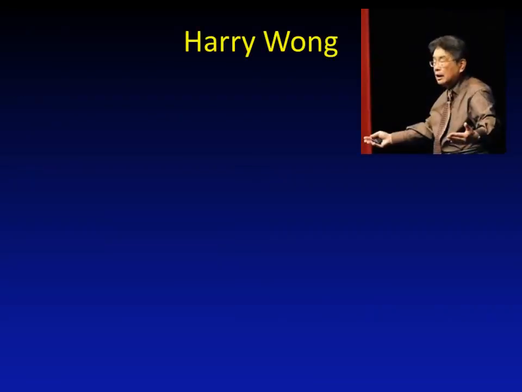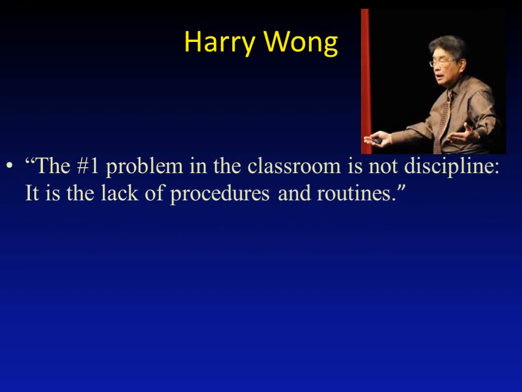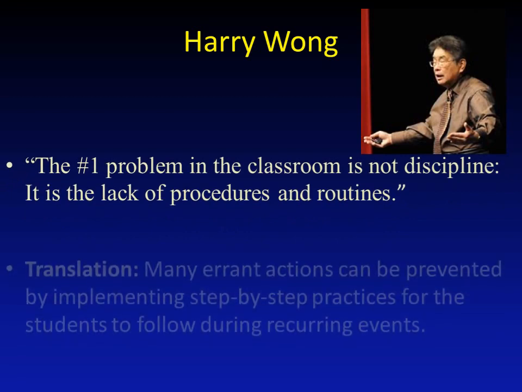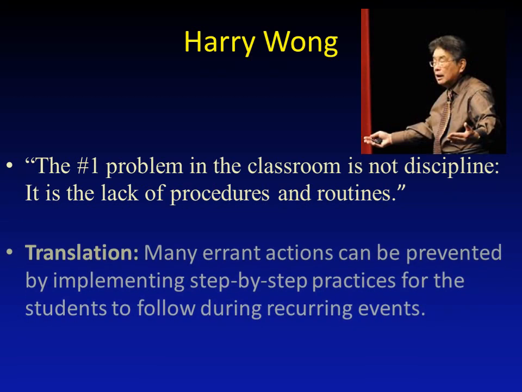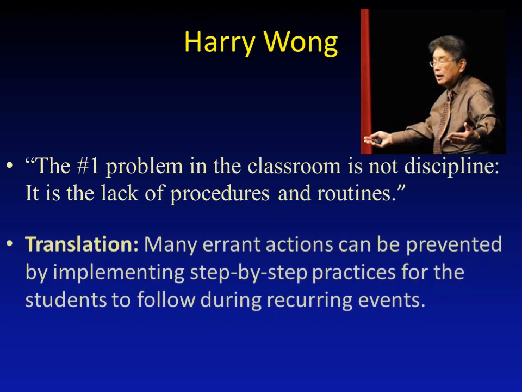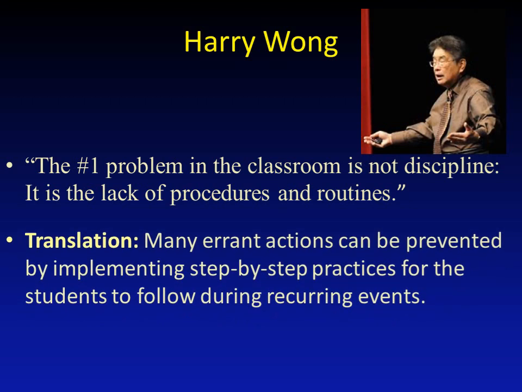As the eminent Harry Wong will tell you, the number one problem in our classrooms isn't that we're not punishing them enough. It's that we're not preventing the misbehavior in the first place. It's the misbehavior that never happens. That's the one we want to promote.